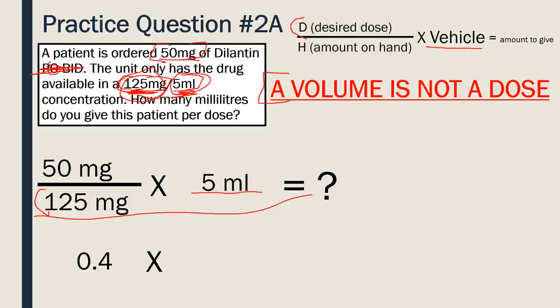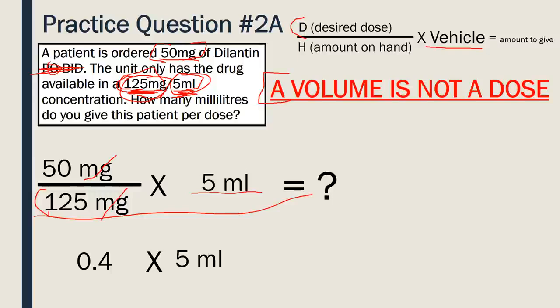So 50 divided by 125 equals 0.4. And we're going to multiply 0.4 by the vehicle, which is 5 milliliters in this case. And again, if you're paying close attention to the math, these units have canceled. They will always cancel.